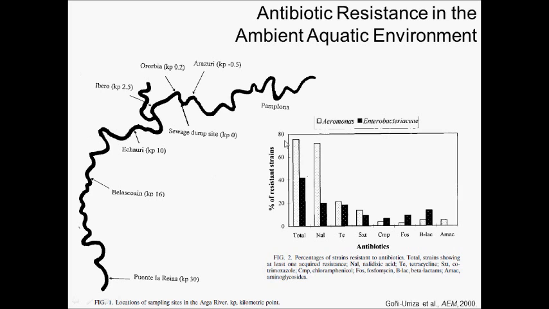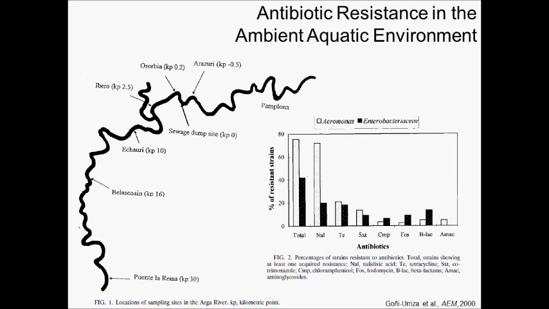And if you look at the total, you may get up to 70 to 80% resistance. So this is an obvious concern, because we're concerned that this resistance may end up being passed on to pathogenic bacteria that then impact us and may contribute to making our pathogenic bacteria that cause diseases more resistant. So we're very concerned about this problem.